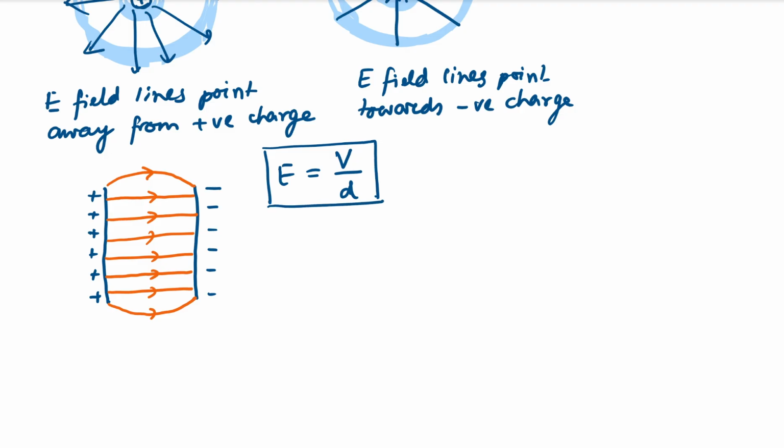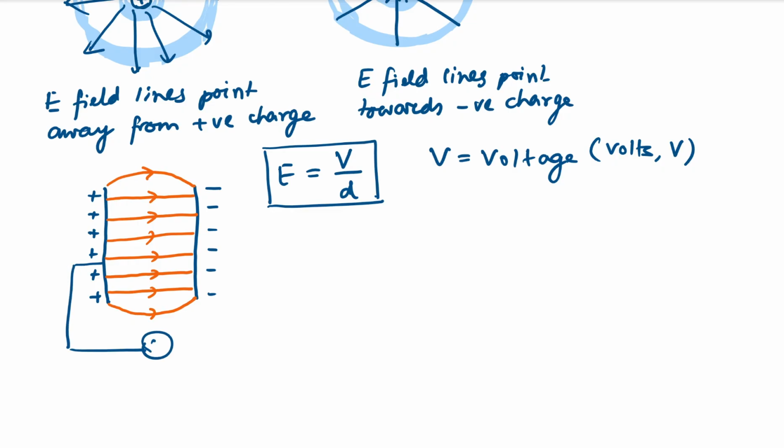This gives us the uniform electric field strength in the region between two parallel plates, okay? Where V is the voltage between the two plates, measured in volts. So for example, if I connect a voltmeter across the two plates and I measure the voltage between the two plates, and it's V, that's what this V is.